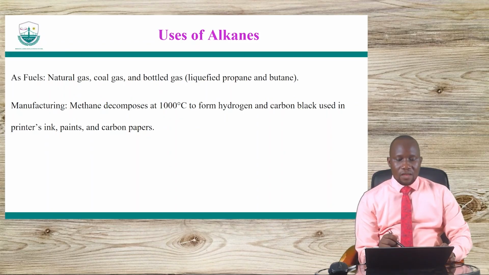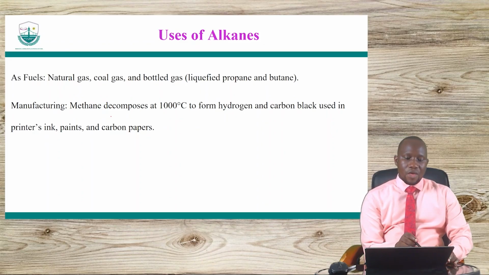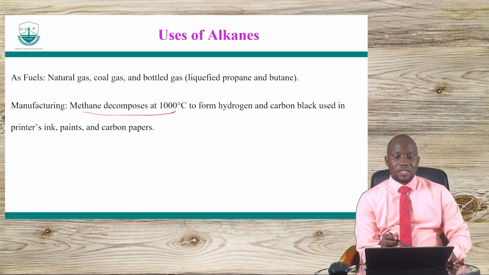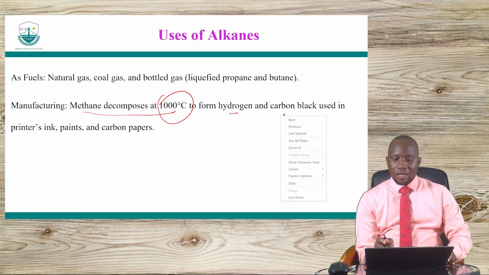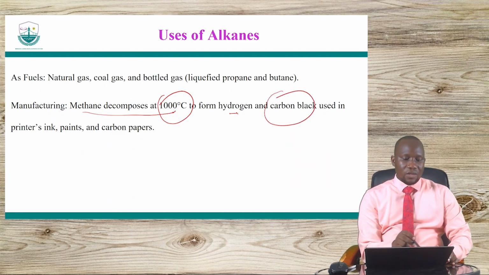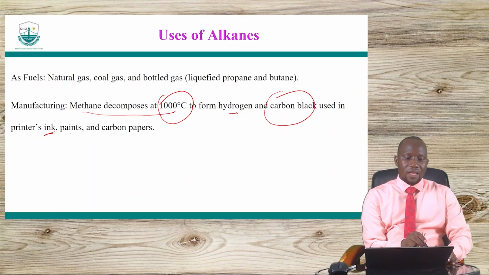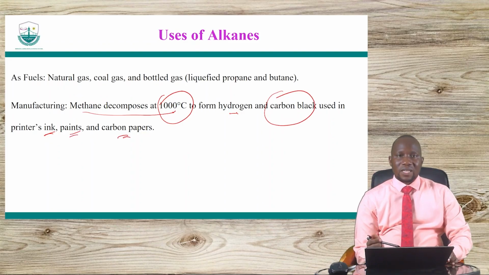Okay, and then in manufacturing, alkanes can also be used. Methane decomposes at 1000 degrees centigrade to form hydrogen and carbon. Okay, and carbon black. These are used in making ink, paint, and carbon papers.